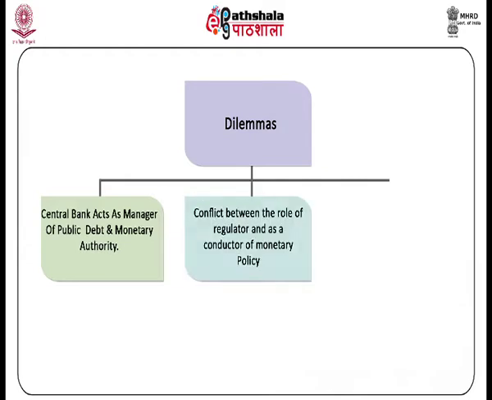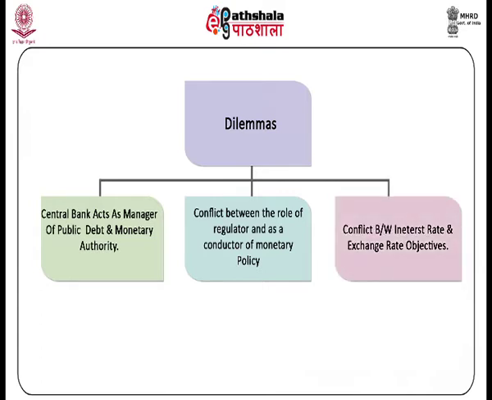Fifthly, the conflict between the roles of the regulator and as a conductor of monetary policy has often been discussed. RBI may require to reduce the liquidity in the system by raising the rate of interest, but such a rise in the rate of interest could be detrimental to the interests of the weak banks. Finally, in an open economy, the potential conflict between the interest rate and exchange rate objectives could arise when short-term and volatile capital flows occur.